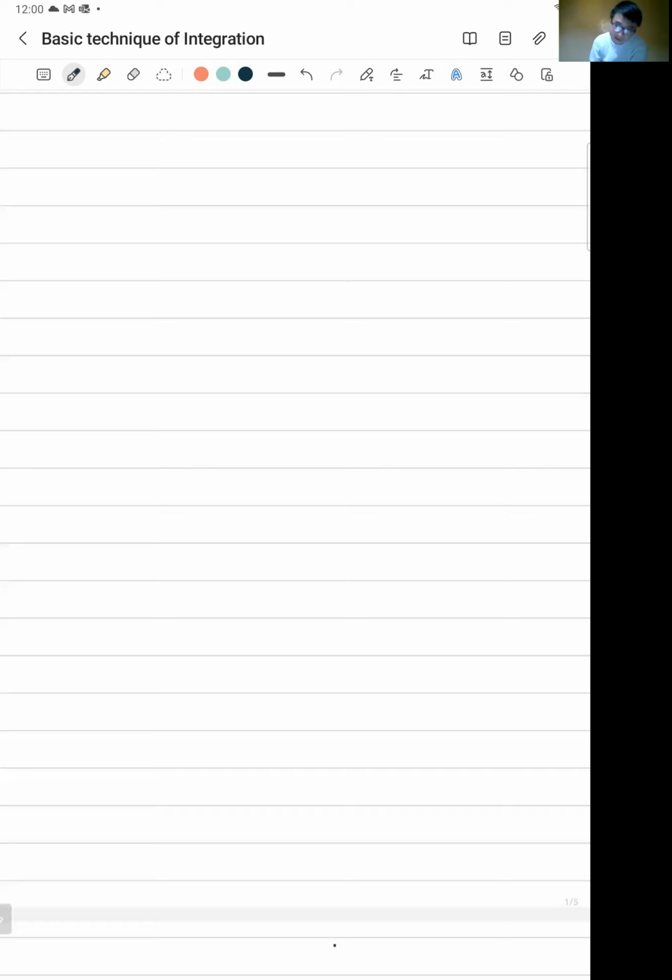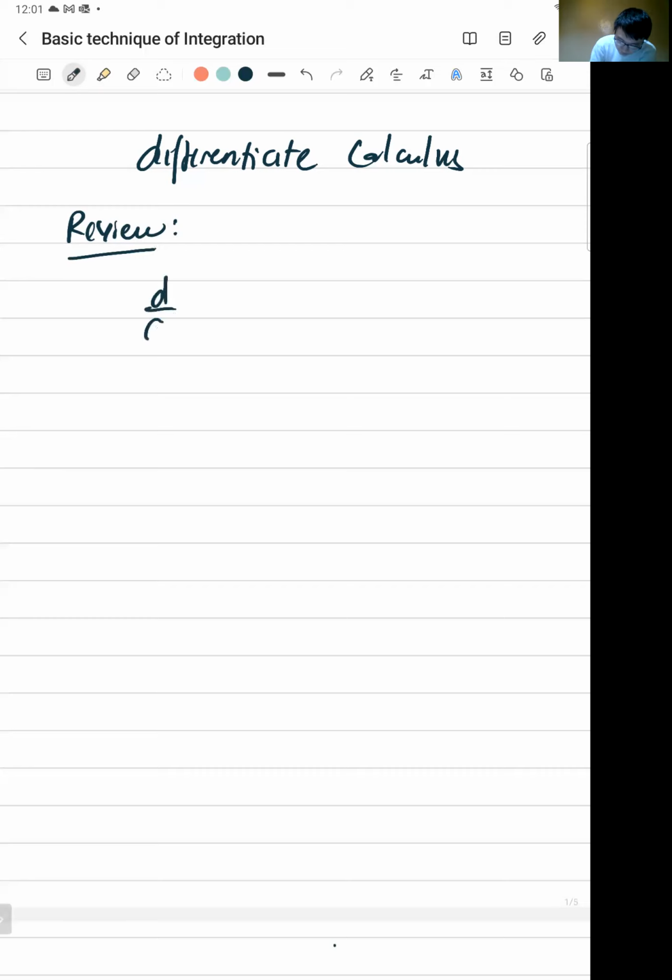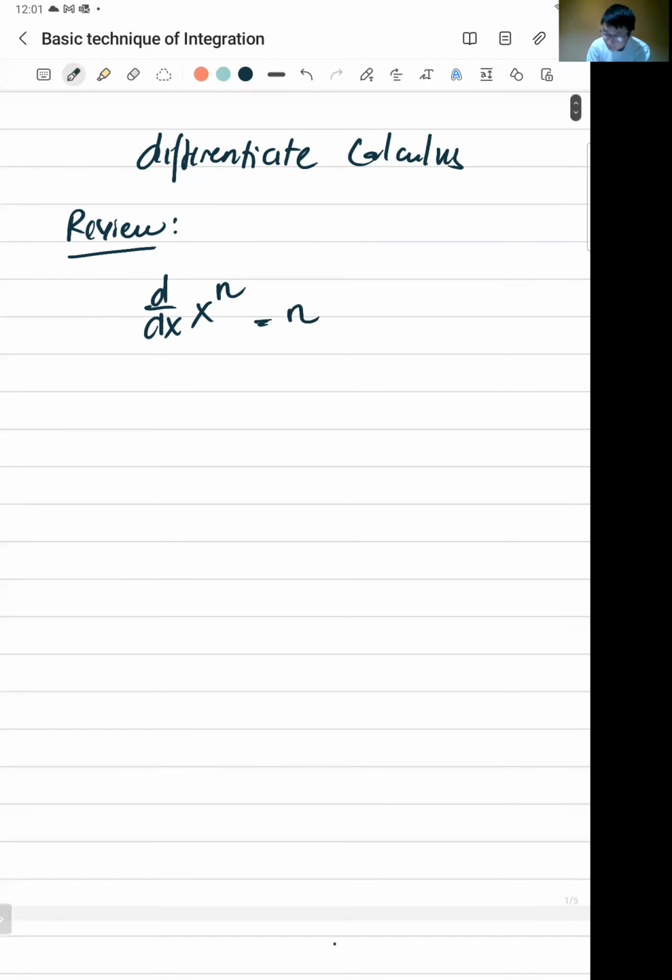Okay, so first let us just review differentiation. Just a really basic one, not a crazy one like Taylor polynomials. So in general, if I ask you to differentiate x to the power of n, where n is some number, what we do is bring the n down and multiply by x to the power of n minus 1, right?